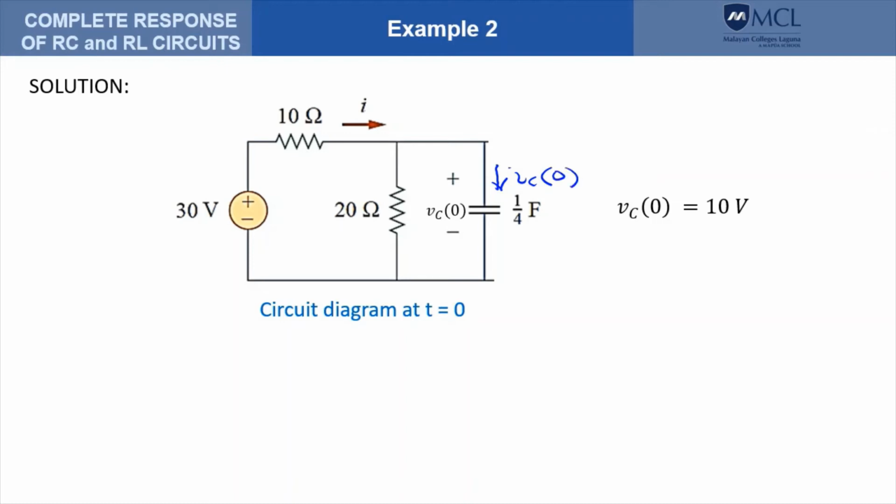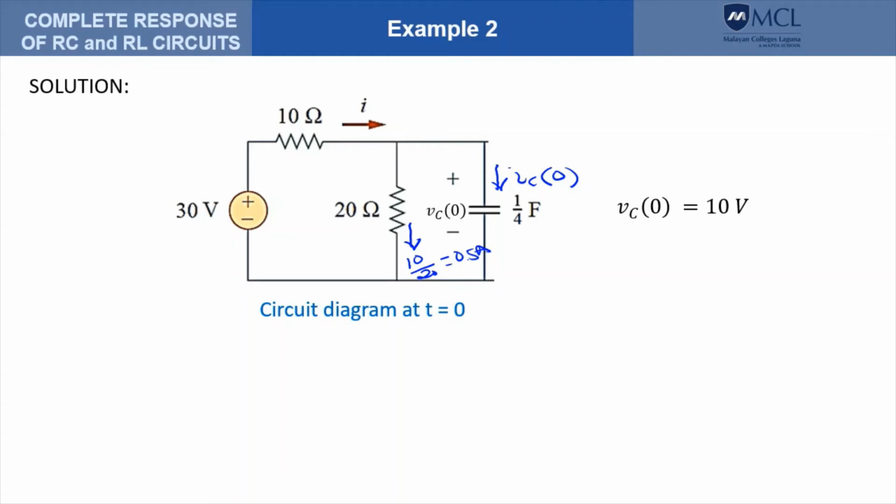Take note that the current through the 20 ohms is the voltage across that resistance, which is also 10 volts because it is connected parallel to the capacitor. So therefore, this current must be 10 divided by 20. So this is 0.5 amperes.